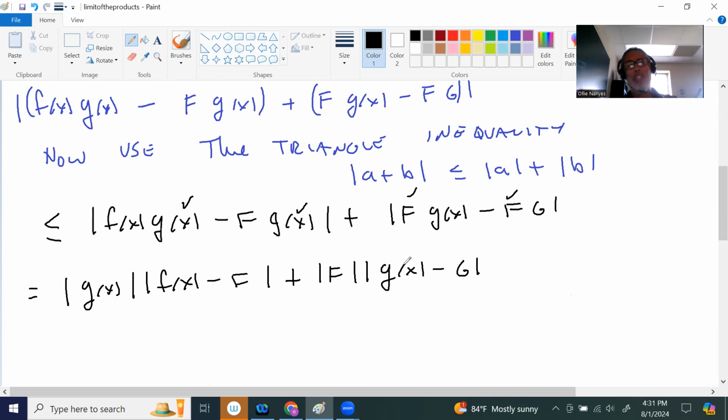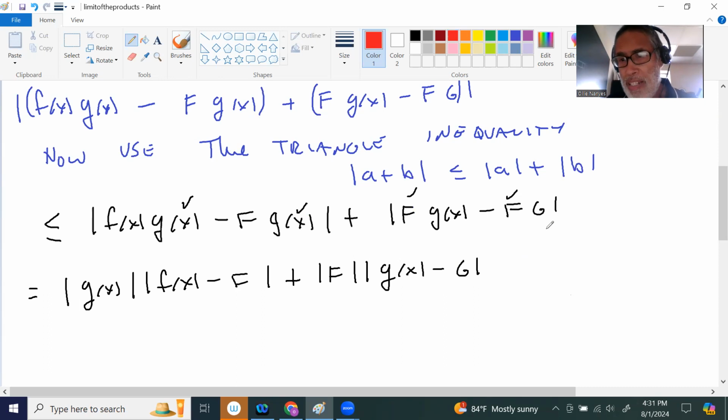Now, this is where the intuition comes in, and where you're going to have some choices to make. Now, we know, and I'll go ahead and write this down. This is technically not part of the proof, but this is part of thinking about the proof.